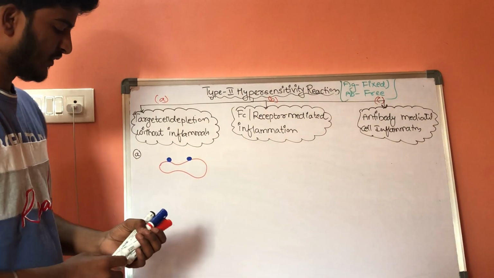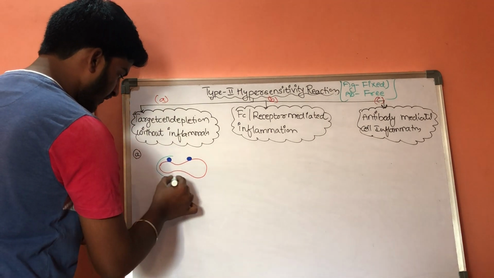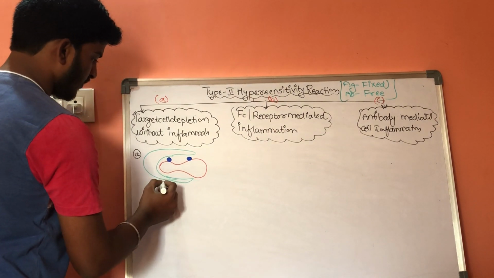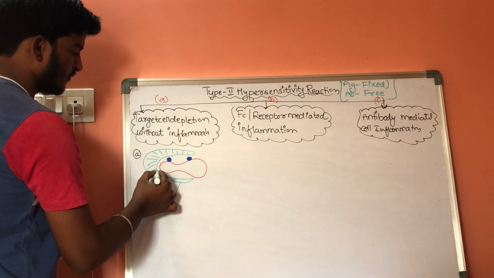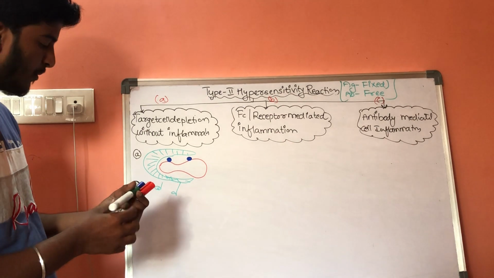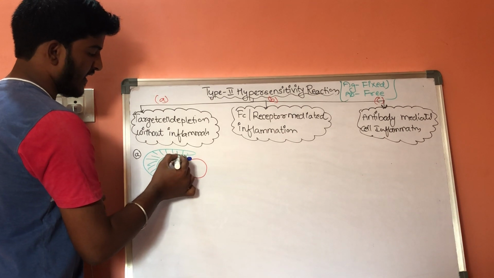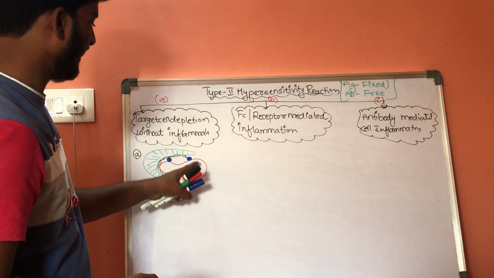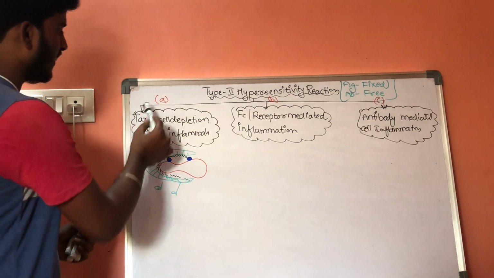Whenever it is exposed to the immune system, a neutrophil will come here, and with the help of the enzyme protein kinase, it will engulf this antigen without any inflammation. So this is one example of the A process.